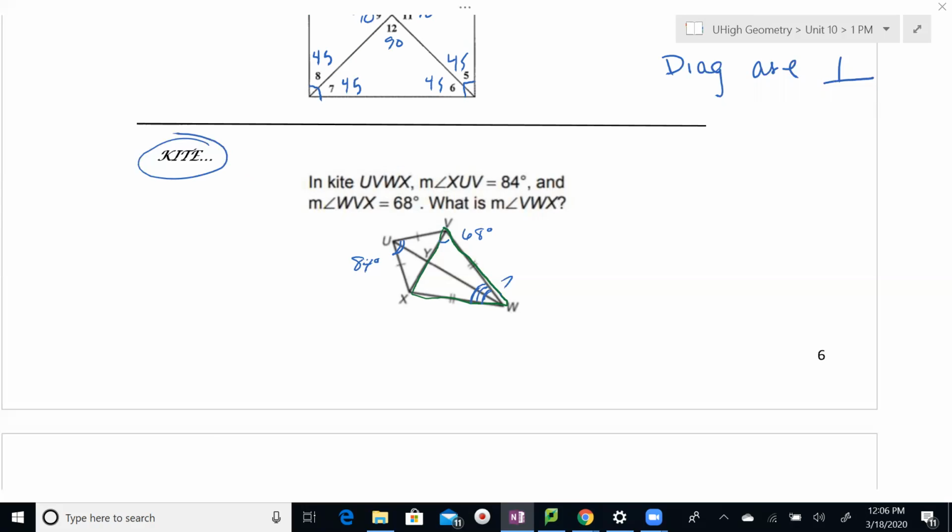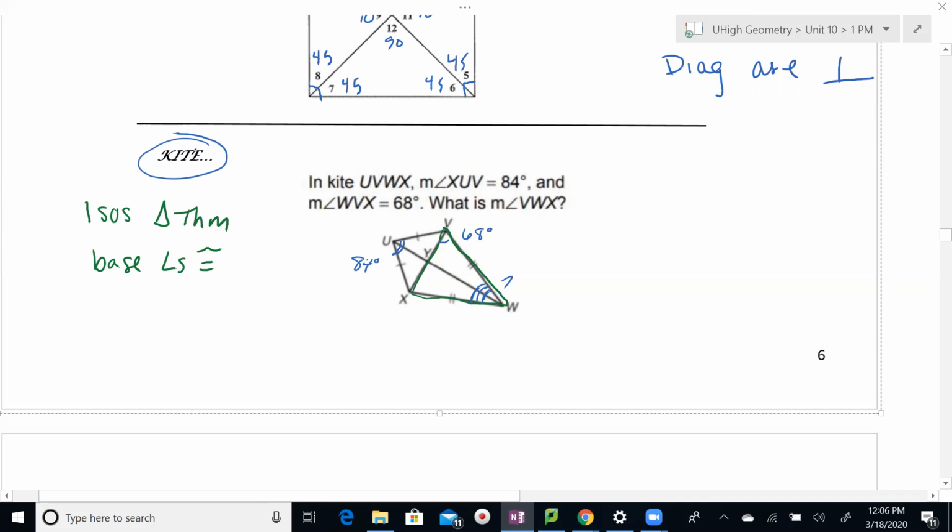If you guys remember from earlier, we've already used it today, the isosceles triangle theorem tells us that those base angles are going to be congruent. So if WVX is 68 degrees, I also know that VXW is going to be 68 degrees.